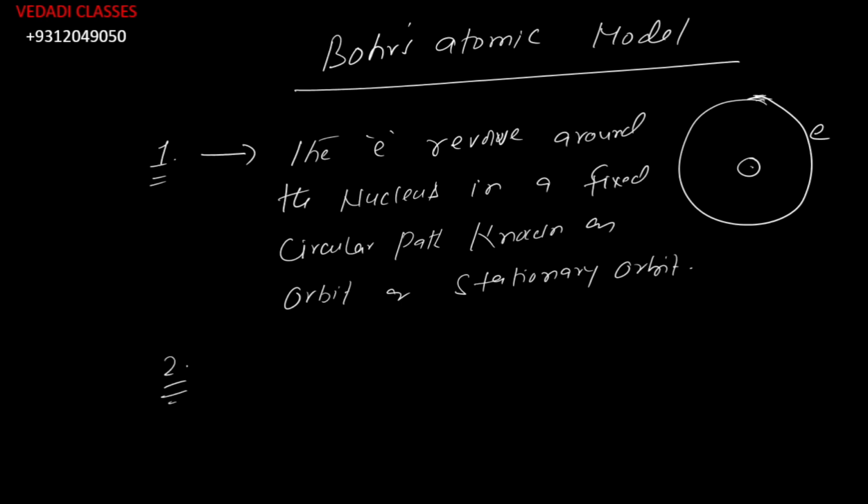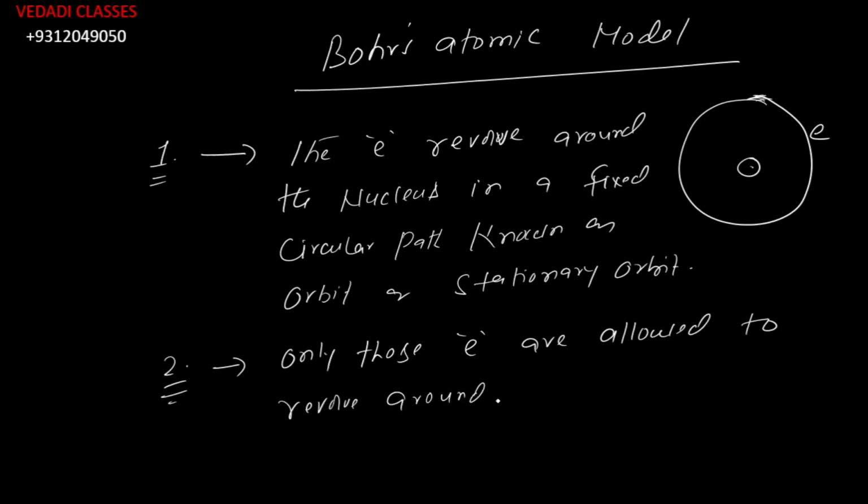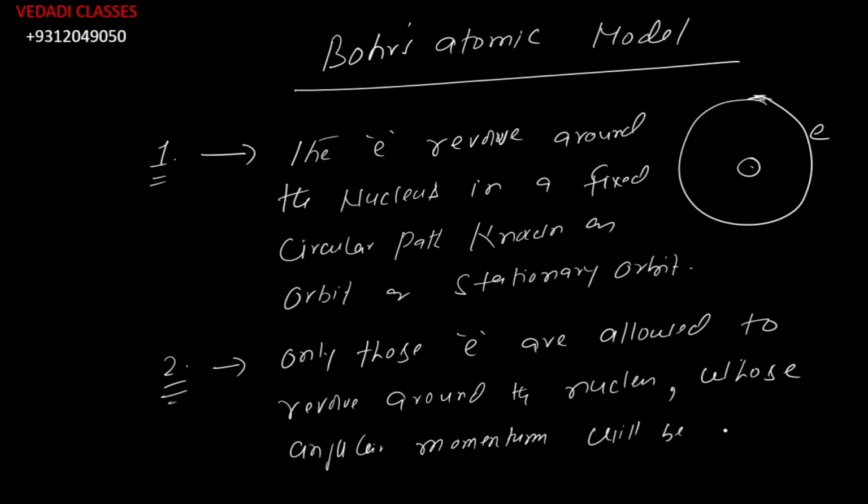And the second one, he said that only those electrons are allowed or permitted to revolve around the nucleus whose angular momentum will be equal to... which angular momentum will be equal to what?